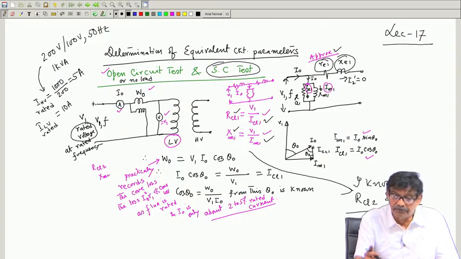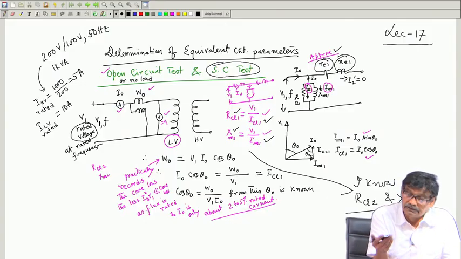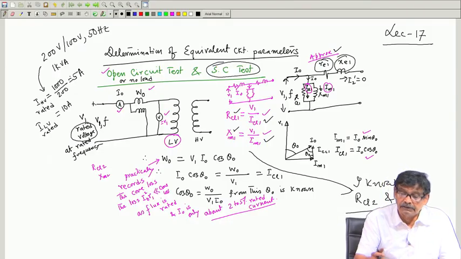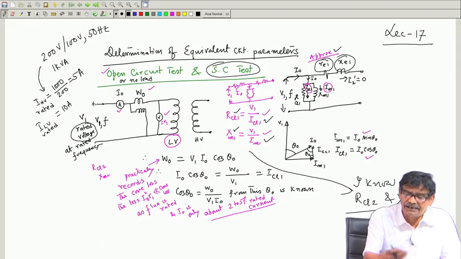Rated current of the HV side is 5 ampere only, is it not? So, its no load current will be small, but meters are available to record that.